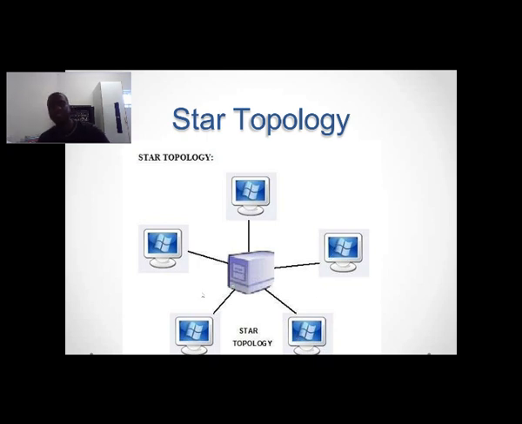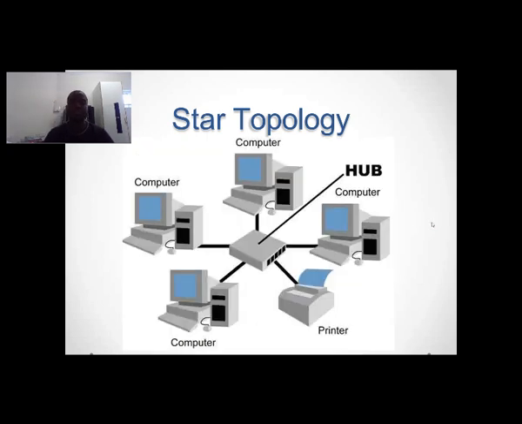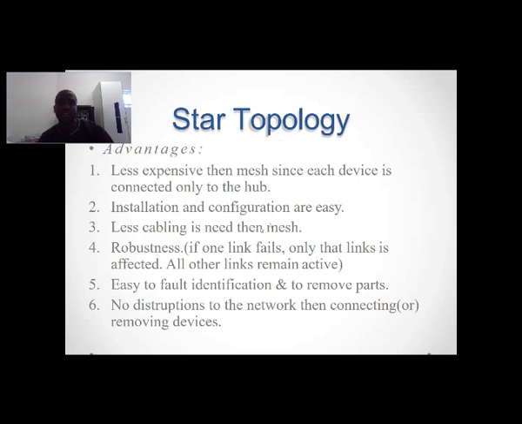Basically in a star topology, we have that central hub, and the devices are connected to that hub. So transmission is through the hub. The hub is the most important part. This is how a star network works, and remember, I said this is the most popular and very common type of network.